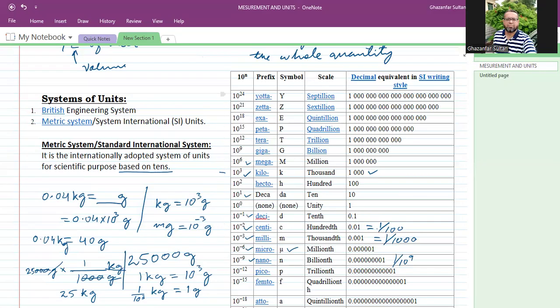But we don't use the rest of the prefixes. These are called the metric prefixes. So only these are the common prefixes that we will use in our calculations. Okay, so next we will see some fundamental units and what are the differences between fundamental and derived units. Okay, let's see.